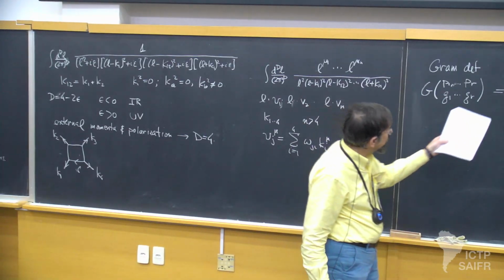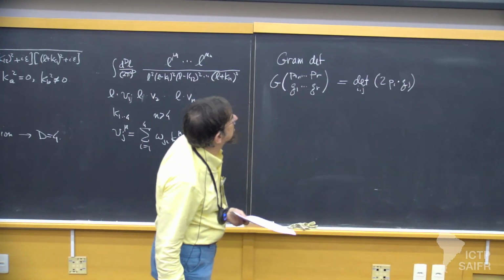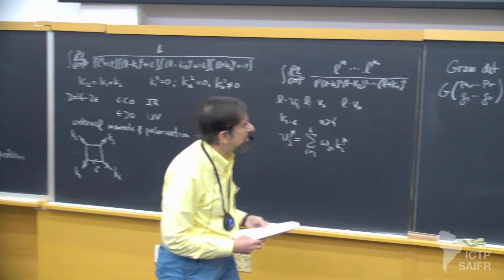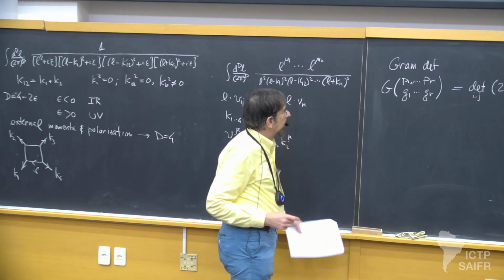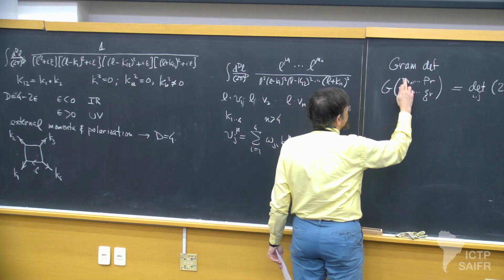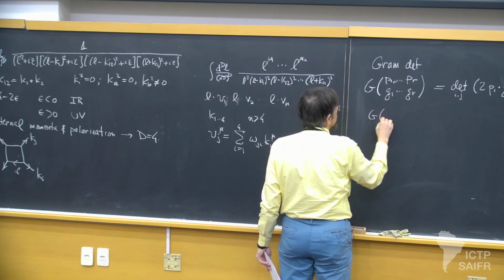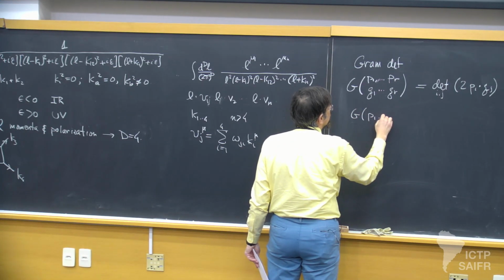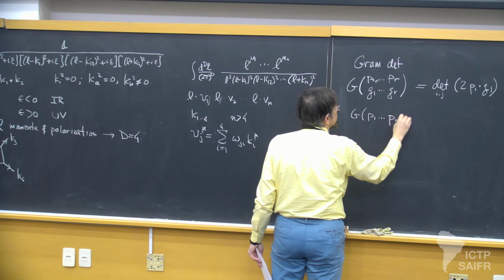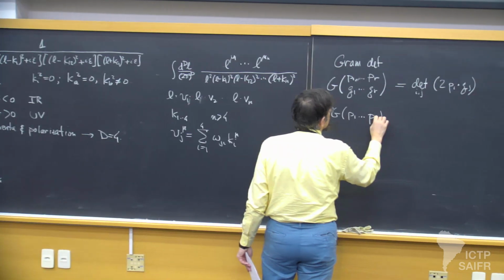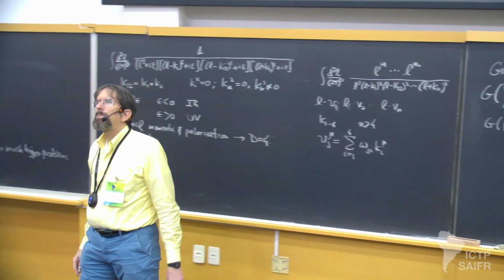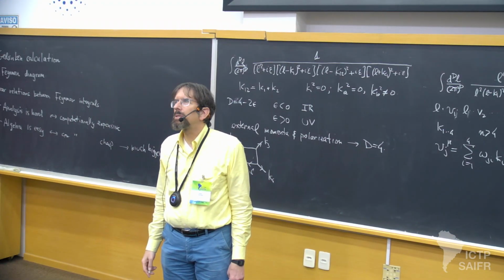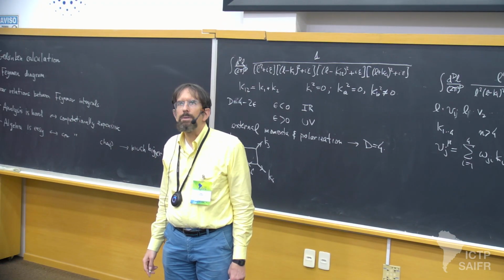The factor of 2 here is for convenience. Not all definitions in the literature follow that. And in the case where the P's and Q's are the same, then conventionally we'll write it just as a function of a single list of arguments. So how many people are already familiar with Gram determinants? Okay.